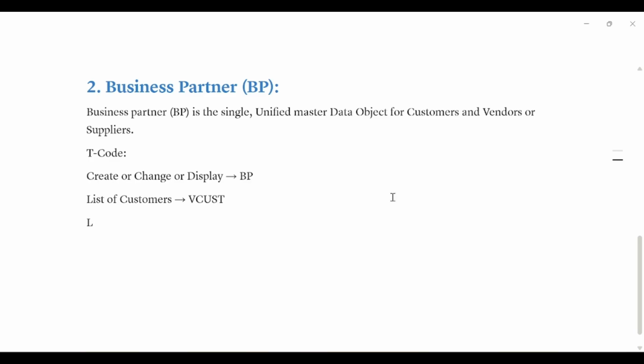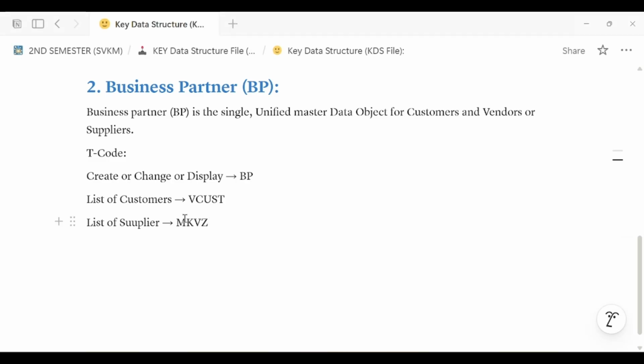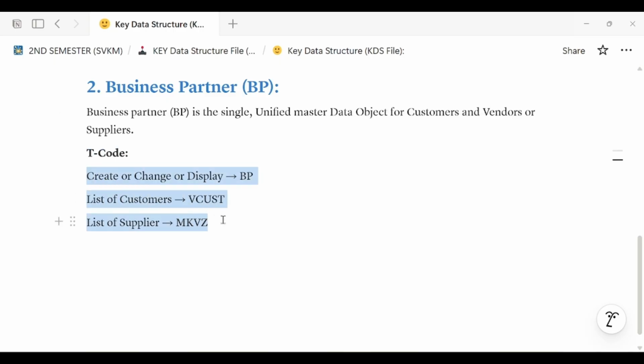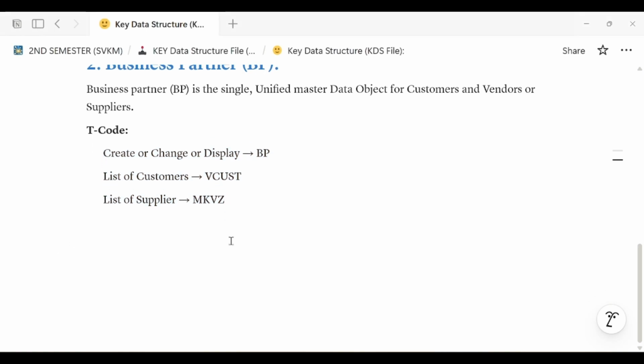If we want to see the list of suppliers, at that time we use mkvz. So these are the T codes we use to create and see the list of all business partners.